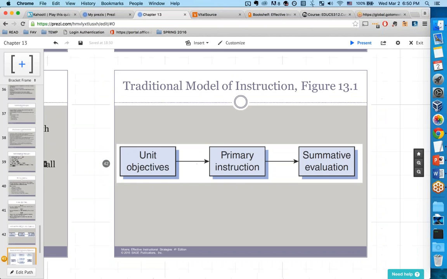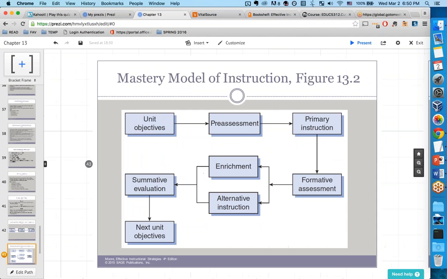In mastery learning, though, this is more complicated. You still have the objectives that you want to cover, but before you even start teaching about them, you have a pre-assessment. You pre-assess students' knowledge, kind of like a pre-test, quiz, or some verbal check, before you start on your lecture or primary instruction.